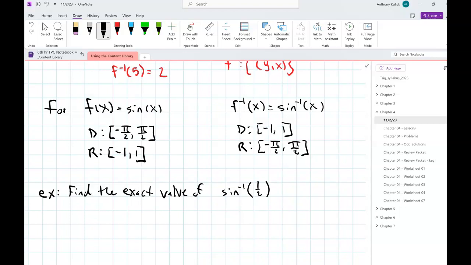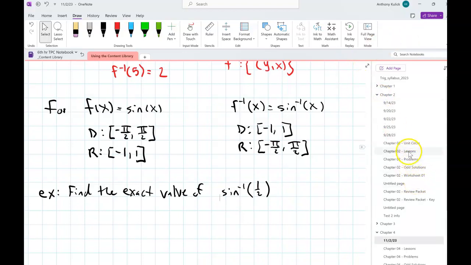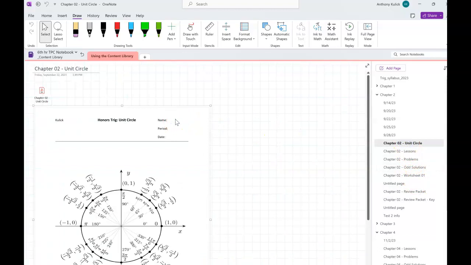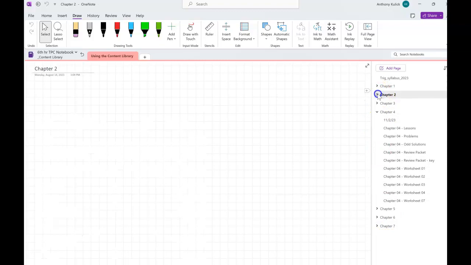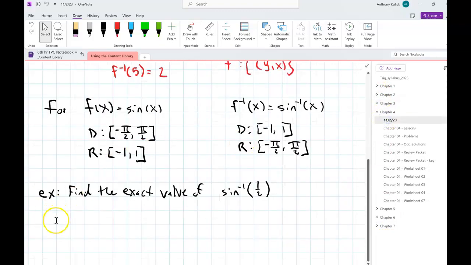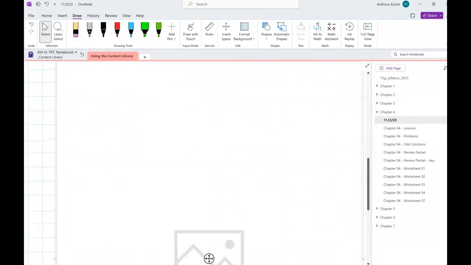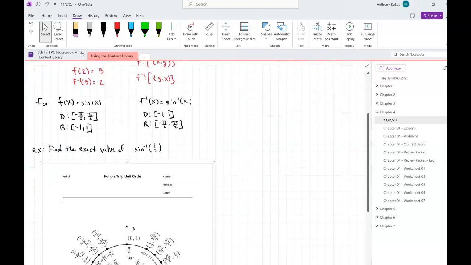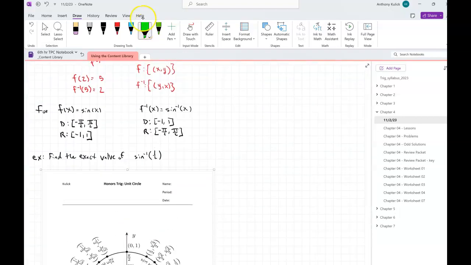All right. So let's look at this. We're going to be using the unit circle to do this. Let's look at this example. We want to do the sine inverse of 1/2.